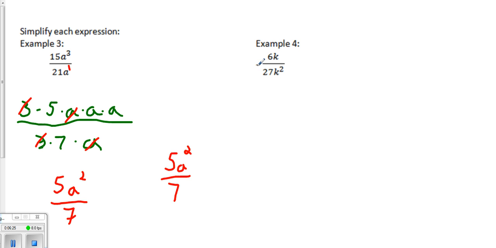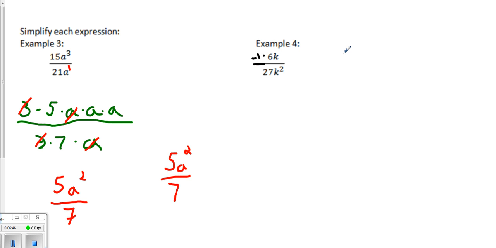Let's look at example 4 now. We've got a negative on the outside, which basically means we're just multiplying by -1. So if it makes it easier for you, eliminate that and just say -1 on top times 6k. That way we've dealt with our -1 piece.